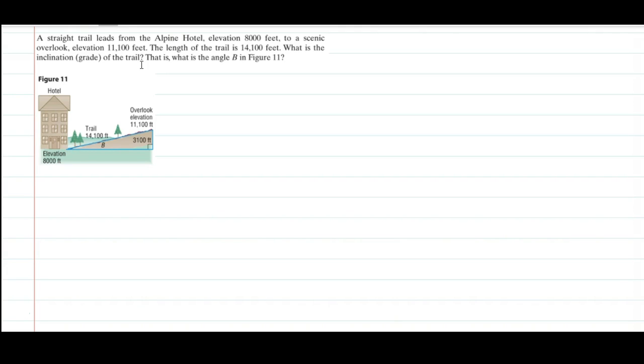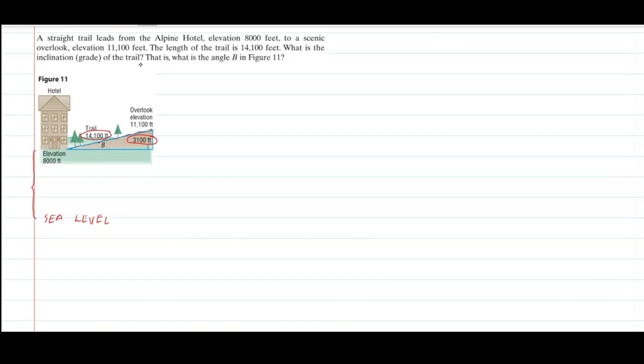All right. So what we're going to do here is we're going to take that 3,100 feet that we're getting and 14,100 feet. Now, if you're wondering, how did they get 3,100 exactly? Because that was not written in the question. It's because when you're told that something has an elevation of 8,000 feet, that means from sea level, right? From sea level, from ground level, call it that if you wish.